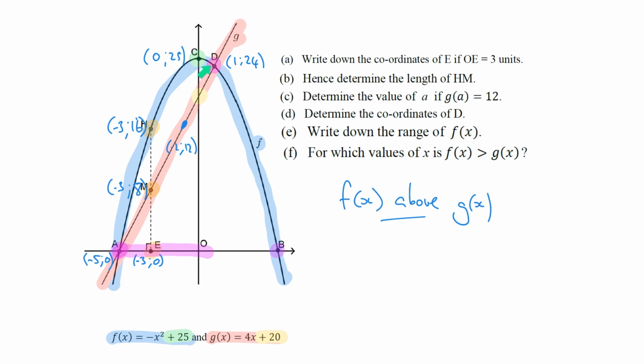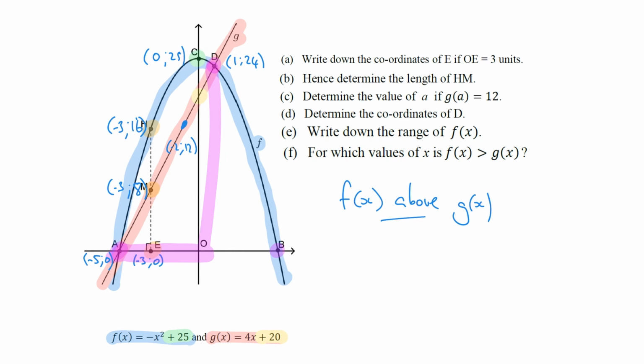Ooh, at this point here, at point D, the red graph goes above the blue graph. So in other words, we're just looking at this part here. So between A and D is where the blue graph is above the red graph.